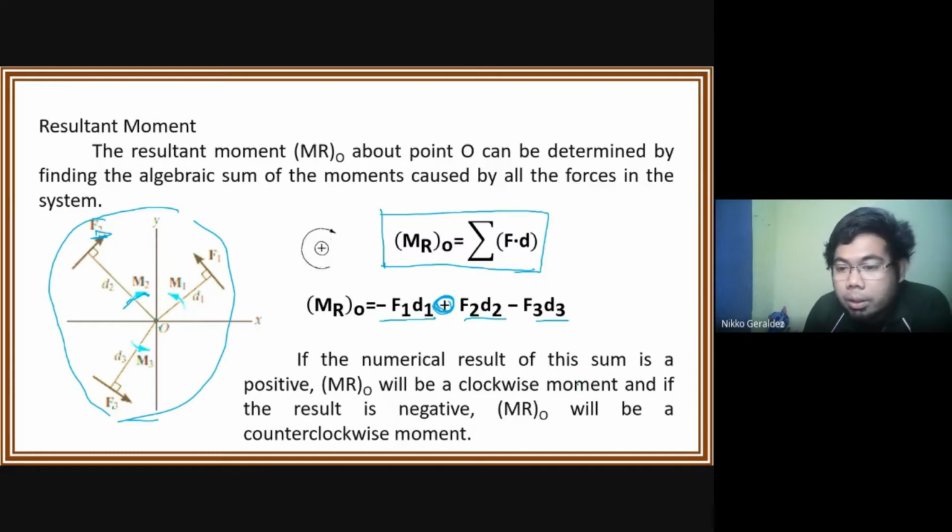If the numerical result of this sum is positive, resultant moment will be clockwise moment. Kung pinag-add mo na lahat yan, then positive, so that is clockwise. Now, if the result is negative, so that is a counterclockwise moment. So, yun yung sign convention natin.